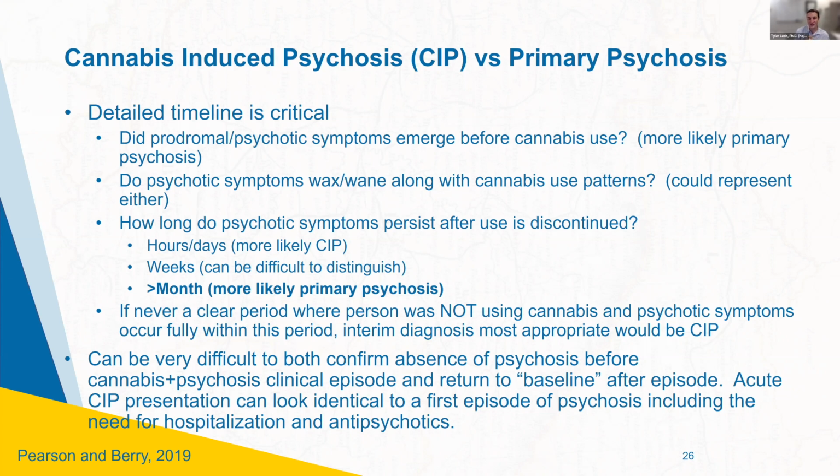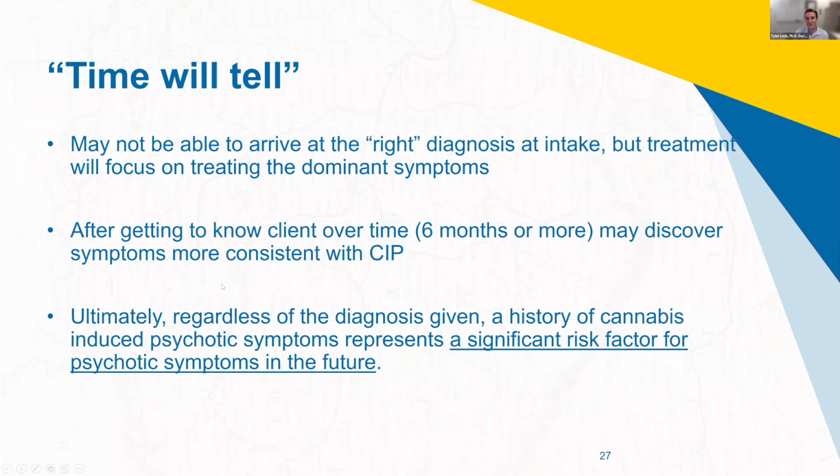And so I think you really have to pay attention more to the timeline of that person's use pattern to figure it out. And ultimately, you'll have to see them over a long period of time, 6 months or more, to really unpack this and try to understand what the driver of their symptoms is.